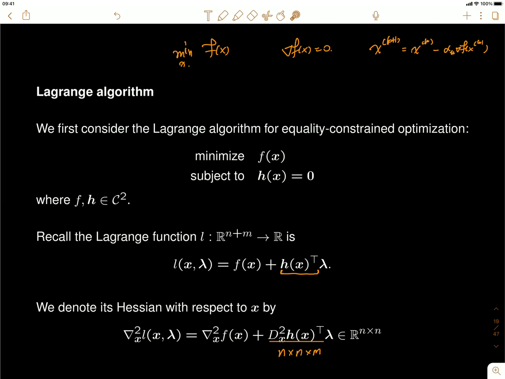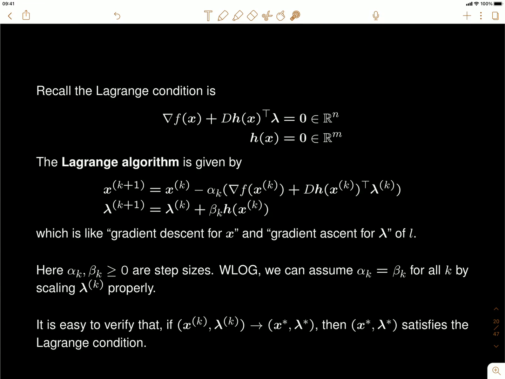When we take the gradient with respect to x, this just gives us the first equation that we have been talking about many times. And the second condition is the gradient of the Lagrange function with respect to lambda, which gives us h(x) equals 0, the original constraint.